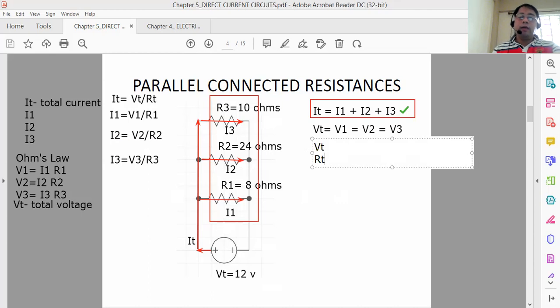So that's the value of IT. Now, IT is equal to I1 plus I2 plus I3, so how do we write I1? I1 will be written as V1 all over R1. Okay, are you following me? Then our I2 is V2 all over R2.